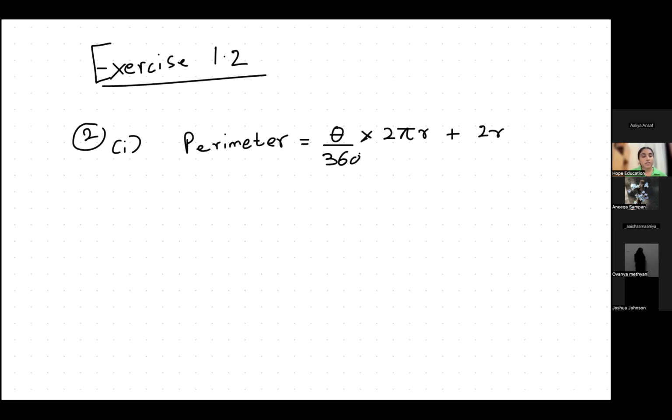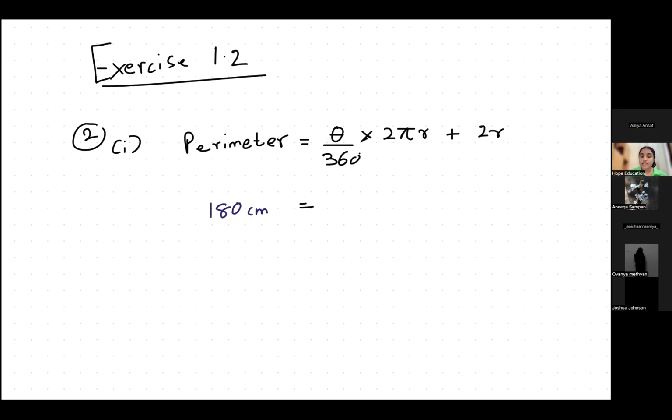Now according to the information, we have to find the radius. So we need to find r. Angle at the center is 180 degrees. Perimeter is 180 centimeters. So instead of perimeter here, I'm going to write 180 centimeters.